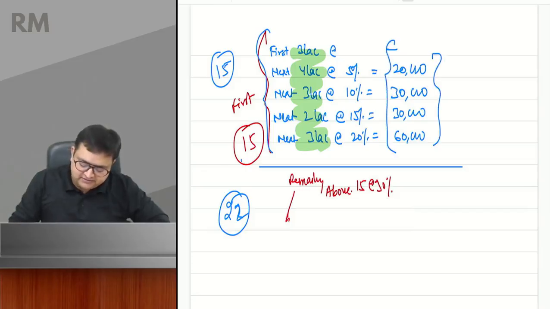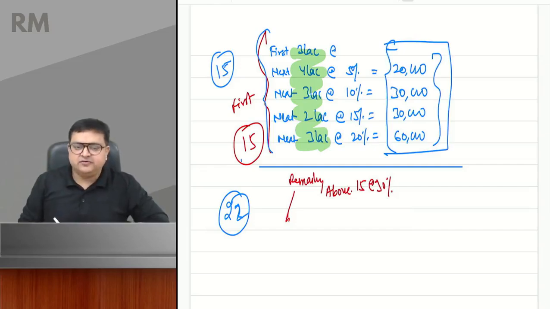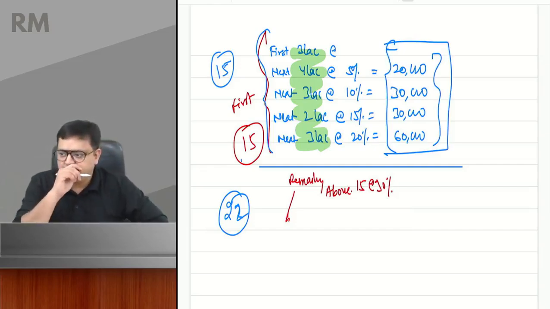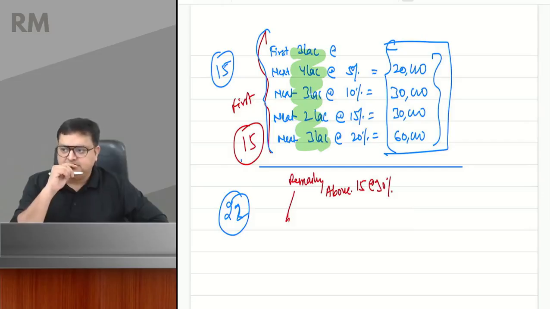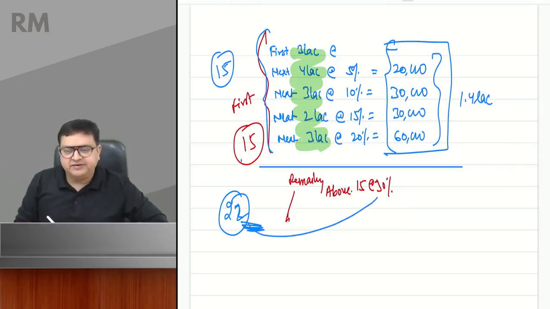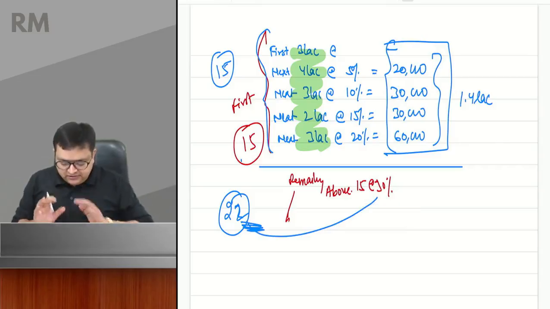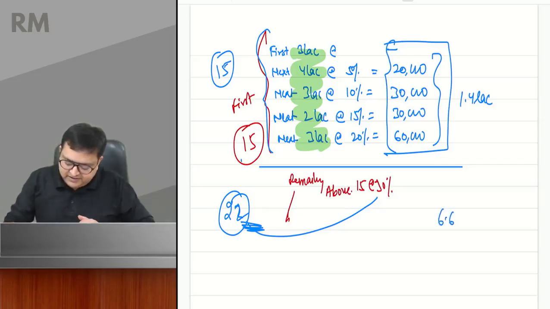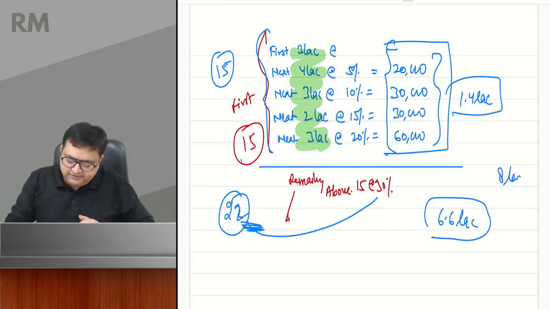Everybody tell me how much is the tax on first 15. 1.4 lakh. Correct? And on this, we have directly 30%. So on 22, we have 30%, 6.6 lakh. So 6.6 plus 1.4 comes to 8 lakh rupees.